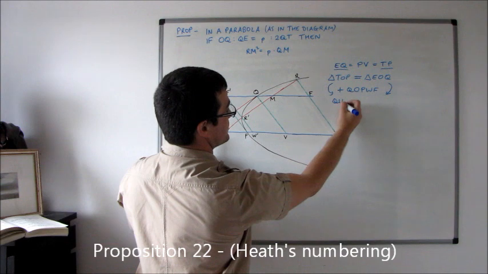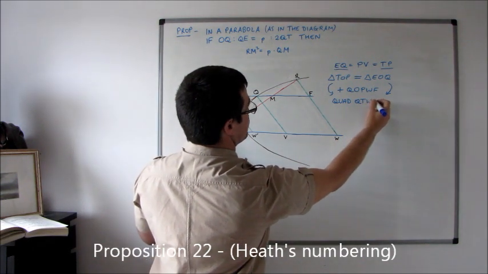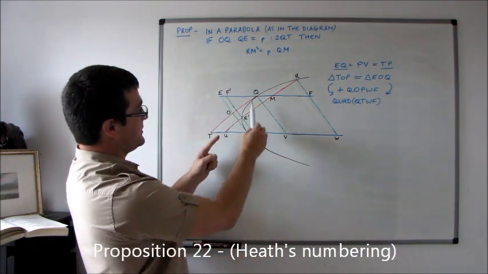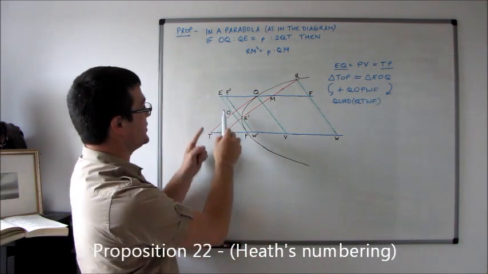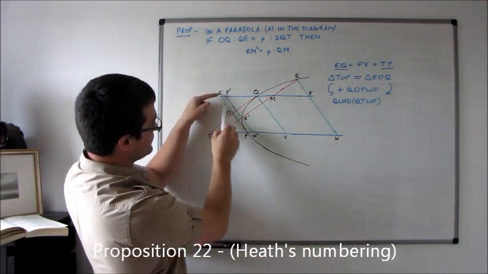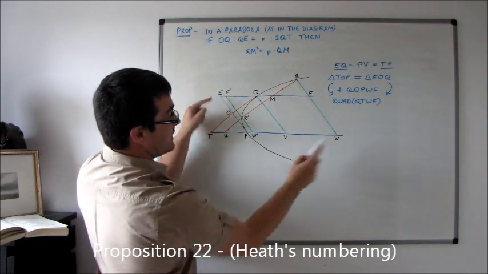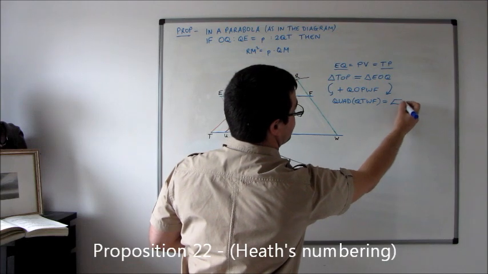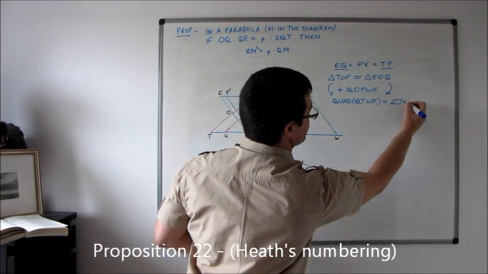So it's quadrilateral QTWF, and adding QOPWF to triangle EOQ gives me this parallelogram in here. So parallelogram EPWF.